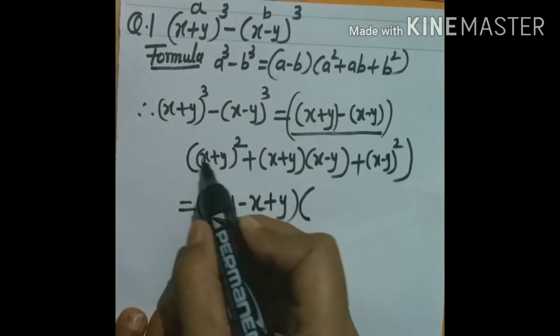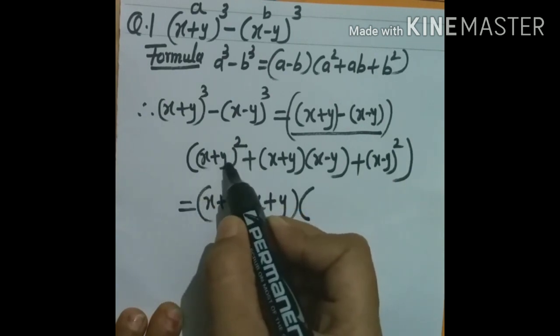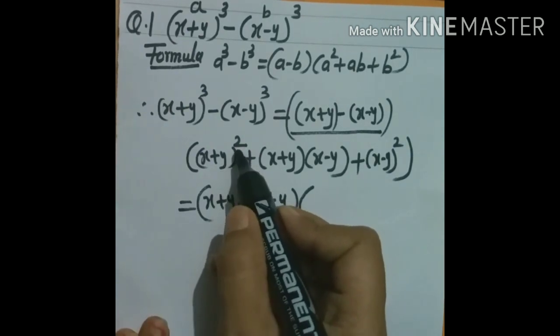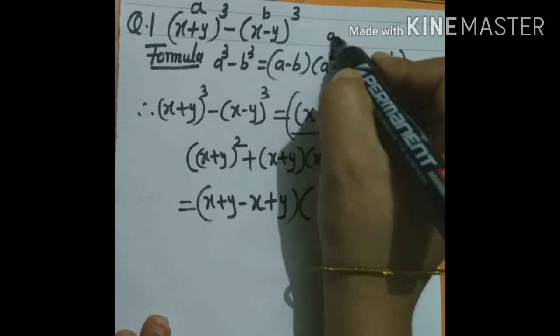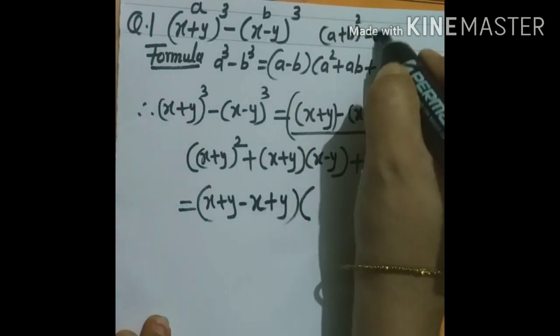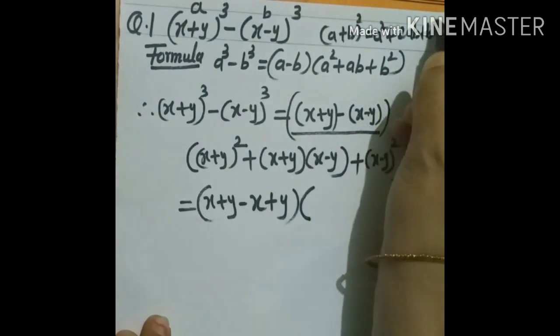Here, children, (x plus y) the whole bracket square means which formula will we use? The (a plus b) whole square formula. You have learned it in your lower standards. What is the expansion, children? What is the answer, children? a square plus 2ab plus b square.